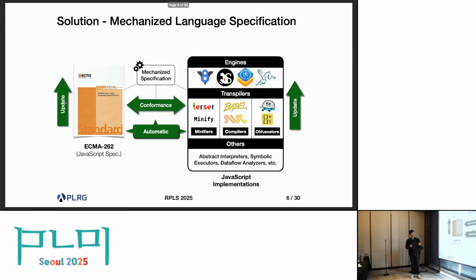So we believe that if we can extract a mechanized specification from the language specification, then we can automate this whole process. By mechanized specification, I mean a specification that is executable and easily analyzable, but still strictly keeps the writing style of the original specification. This is our goal.